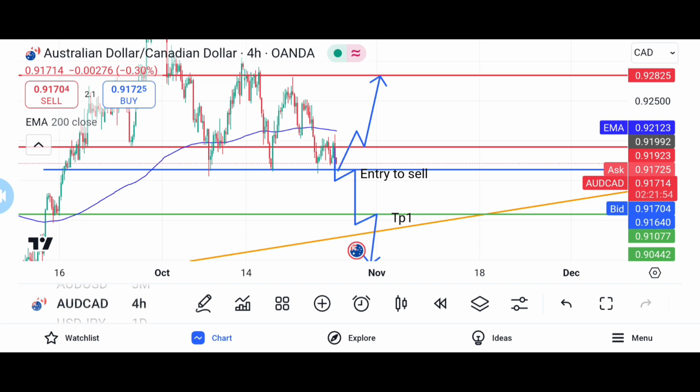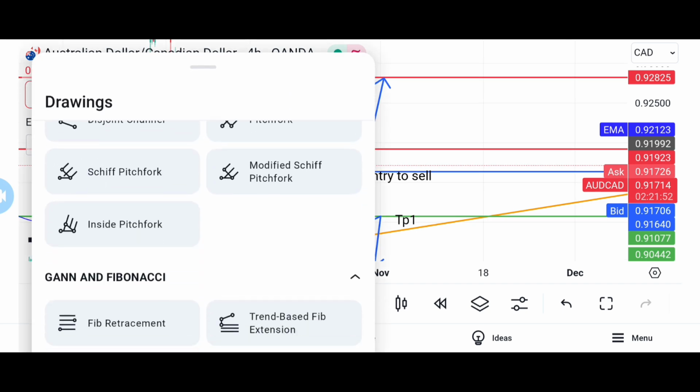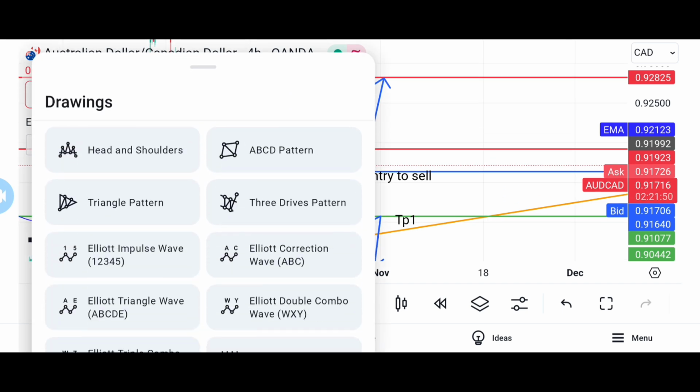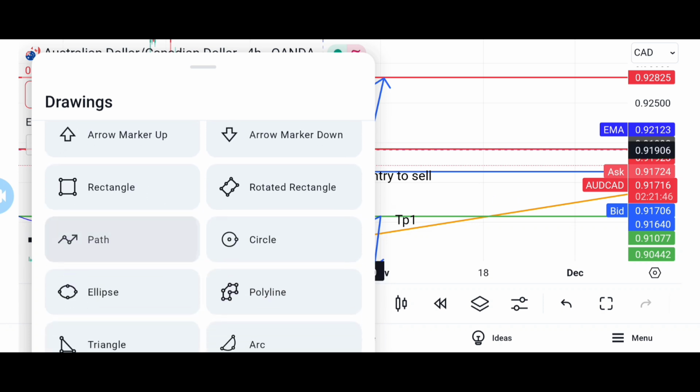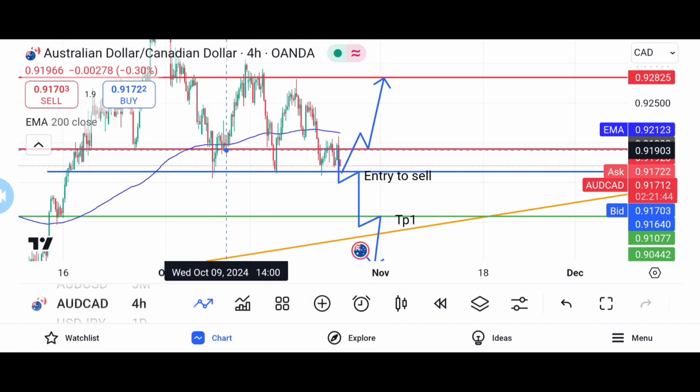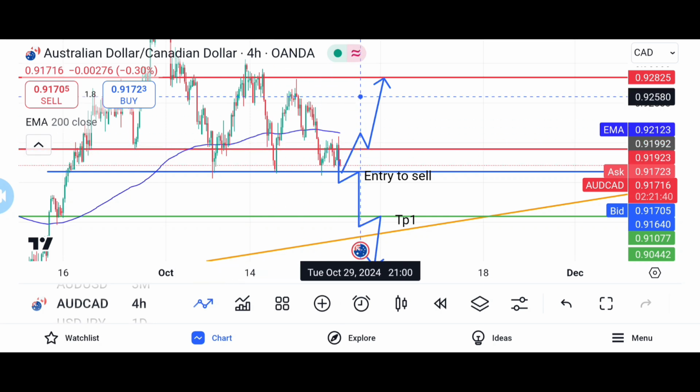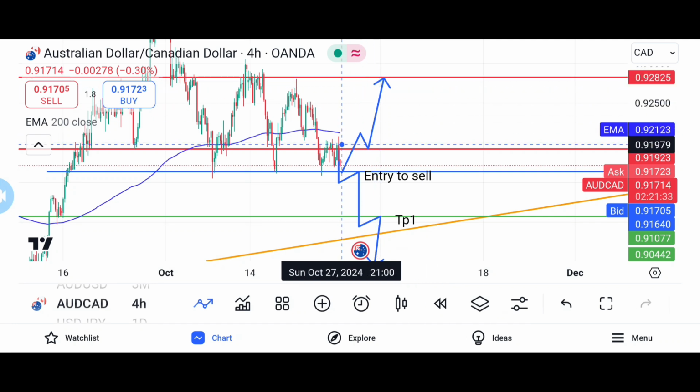So at that time, this red line will be a blue line to indicate support, and this one will still be our resistance.